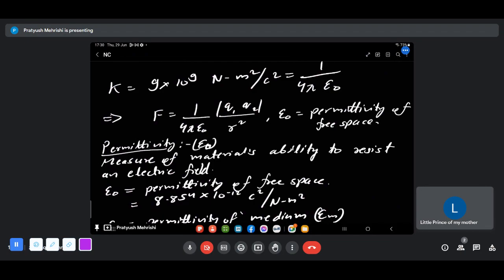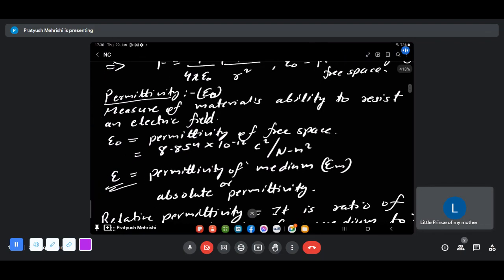If any other medium is present, then its permittivity is written simply as epsilon or epsilon m. This is also called the absolute permittivity of the medium. Write it down.